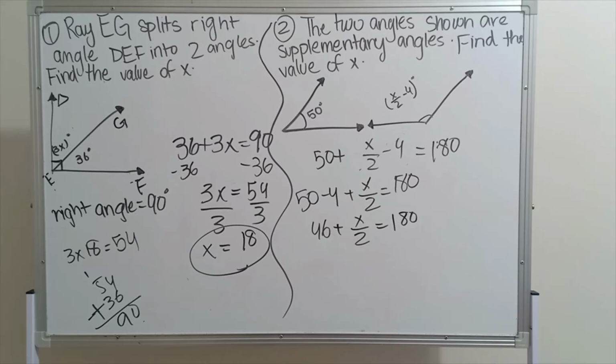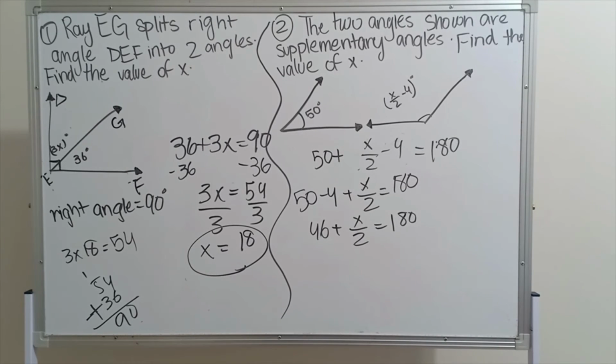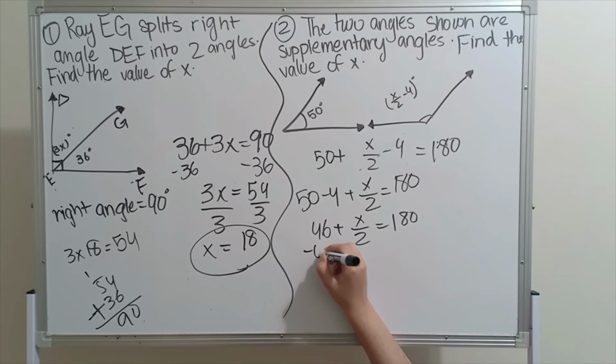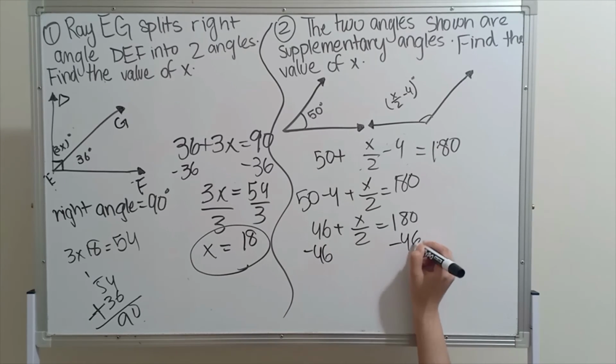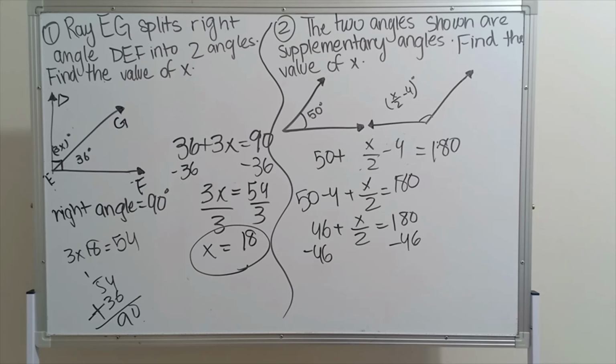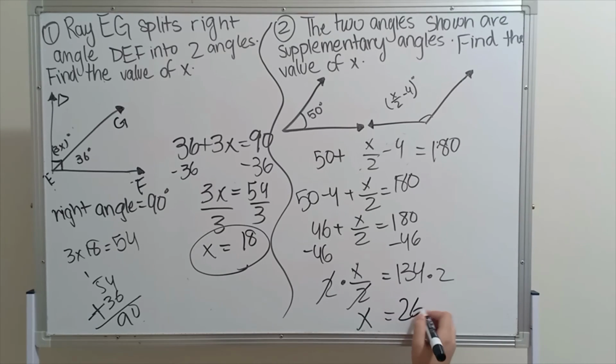Then we subtract 46 from both sides, and we will be left with x over 2 equals 134. Now we multiply both sides by 2 because we want x by itself, and 134 times 2 is going to give us 268. This is going to be our value for x.